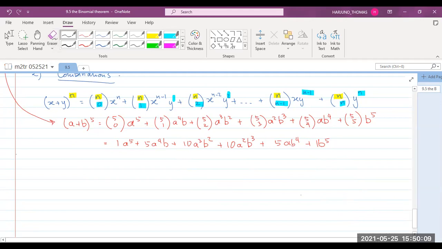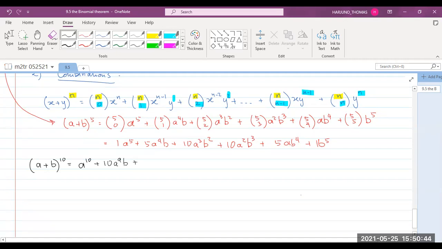Suppose I want to expand, let's do this one first, a plus b to the power of 10. Ooh, this is large. How many terms? There should be 11 terms, right? So a to the 10 plus 10a to the 9b.